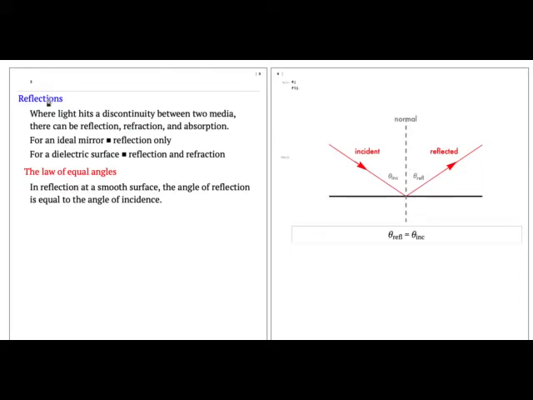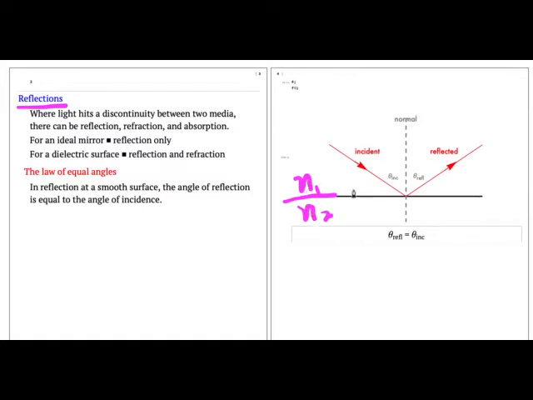The first phenomenon we want to consider is reflection. That occurs where light hits a discontinuity between two different media. So I might have light in some region where the index of refraction is N1, hitting a boundary surface to another medium where the index of refraction is N2, and that's a discontinuity between the optical properties, the indices of refraction.